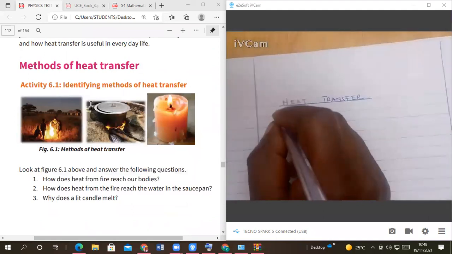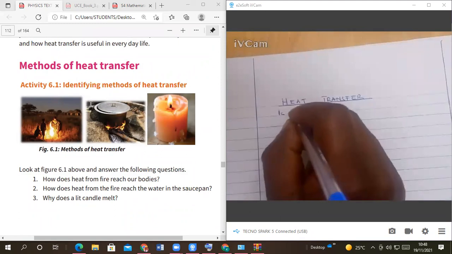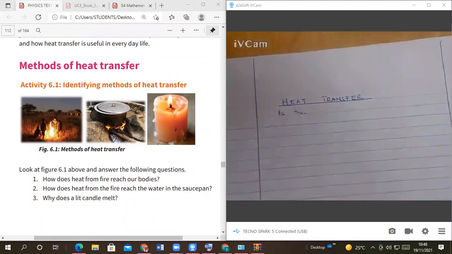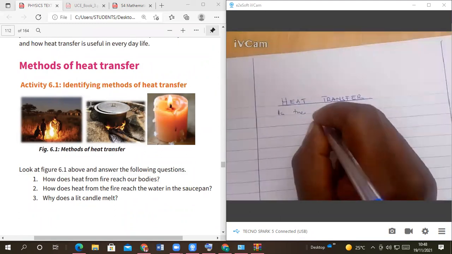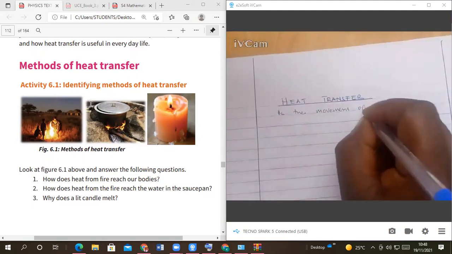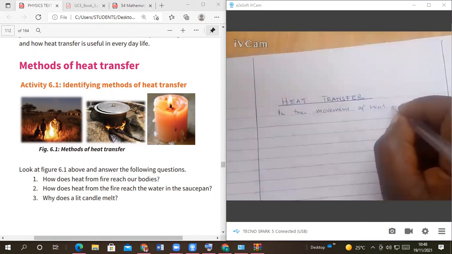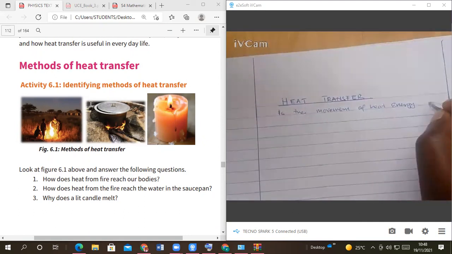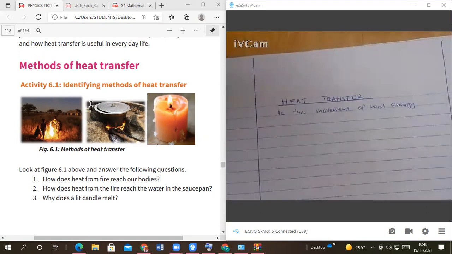What is heat transfer? Heat transfer is the movement of heat energy from a region of high temperature to a region of low temperature.